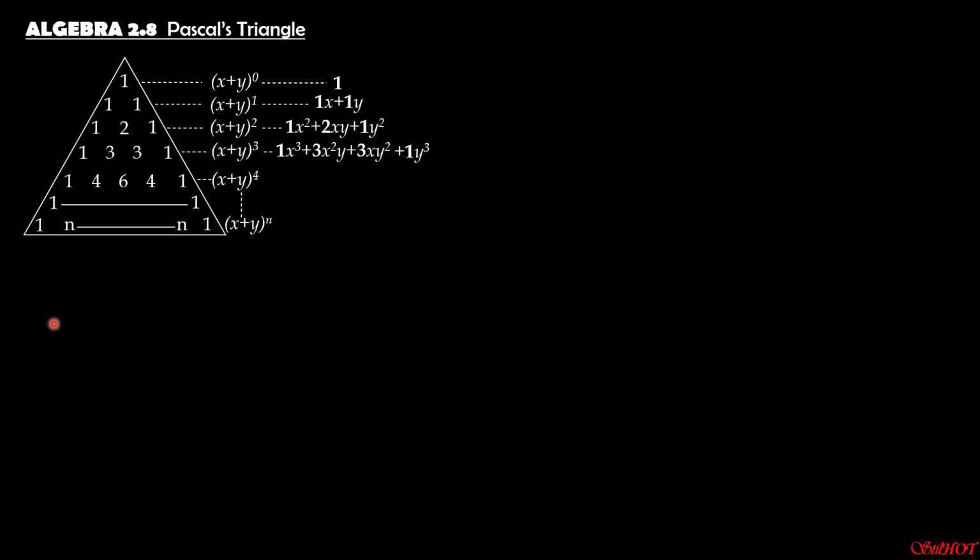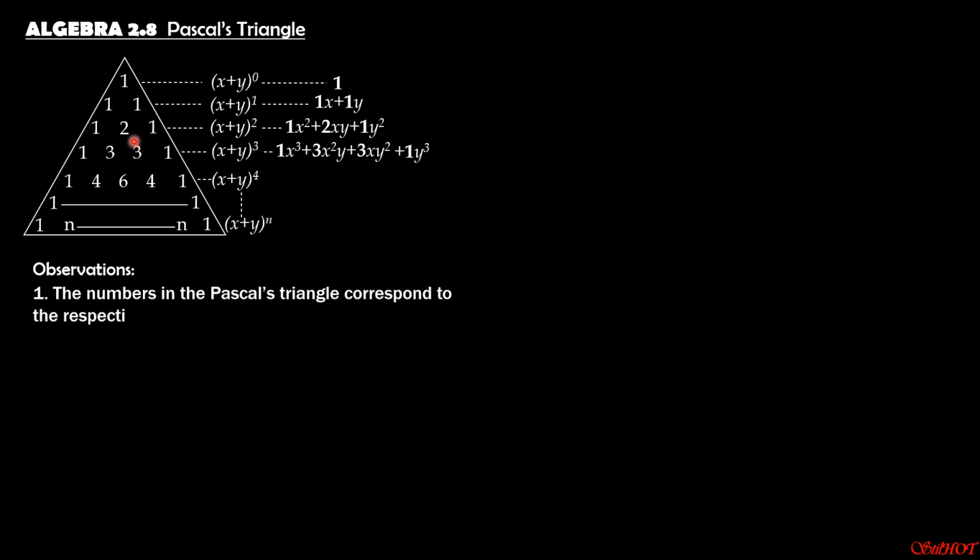In general, it will be expanded here, and we will derive a formula for the rth term based on our observations and the properties I mentioned. So these are the observations. One, the numbers in the Pascal's triangle correspond to the respective coefficients of the terms in the binomial expansion.